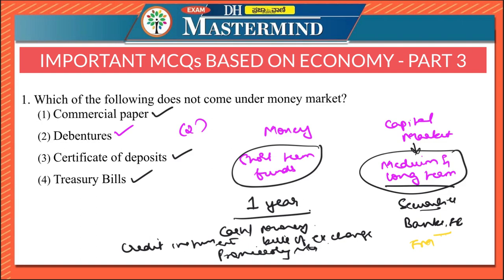So which are these securities? Shares, debentures, bonds, etc. So capital market is that market where shares, bonds, debentures are marketed and traded.